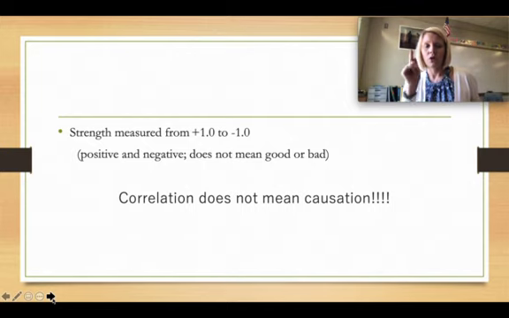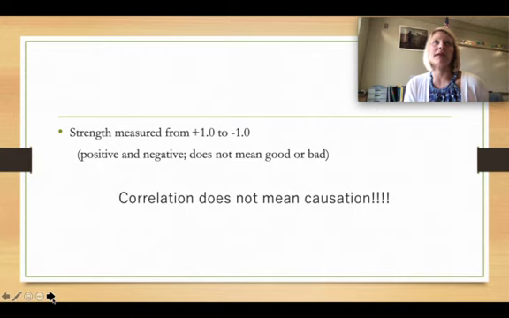So one other thing. Correlation does not mean causation. I'm going to say it over and over again. Correlation does not mean causation. Just because something is highly, strongly correlated does not mean that that caused it. So for instance, let's go back to the sleep. Just because you got 10 hours of sleep and you got straight A's does not mean that that sleep got you the straight A's.